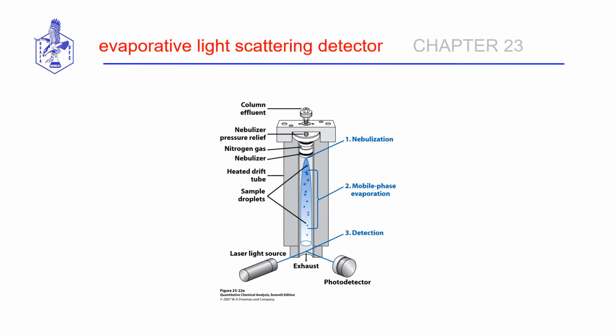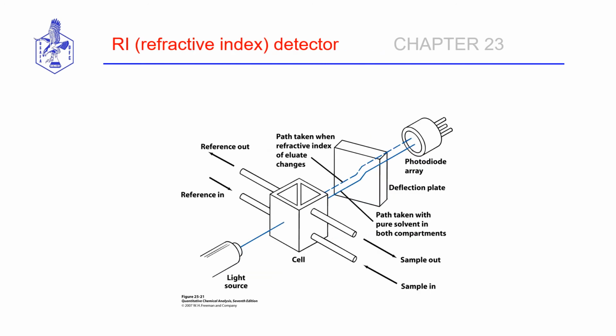It has some advantages in being a general purpose responding detector, and other key advantages in terms of its sensitivity, greater than a refractive index detector, which is also a general purpose detector. A refractive index detector will give me a signal for anything that comes off the end of the column.